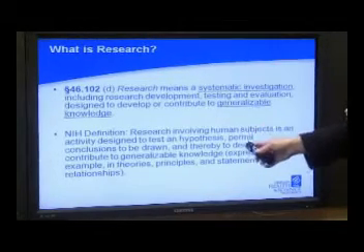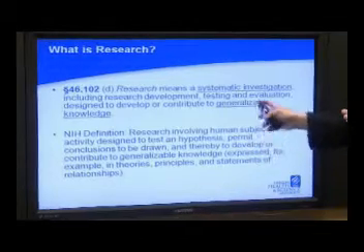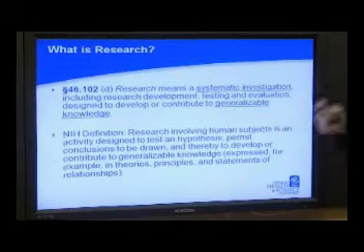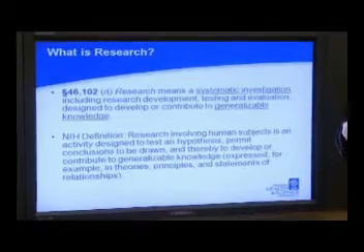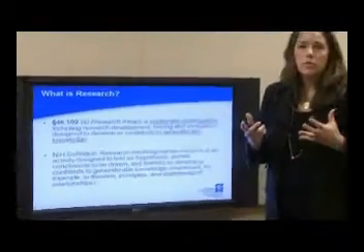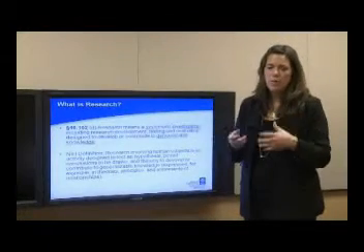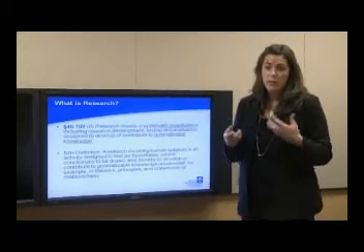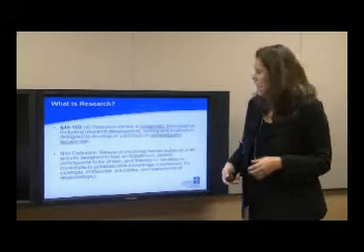I've included the NIH definition down here as well. What's important to note is that you've got a plan and you are going to follow that plan in order to create some sort of information and evidence-based decision that you think is valuable for others to know.